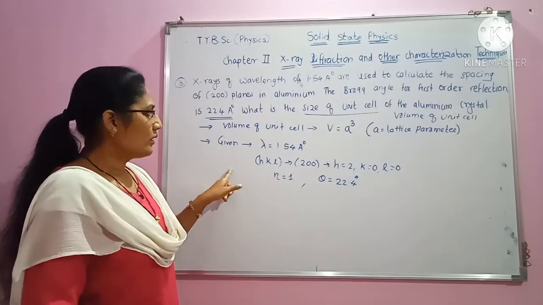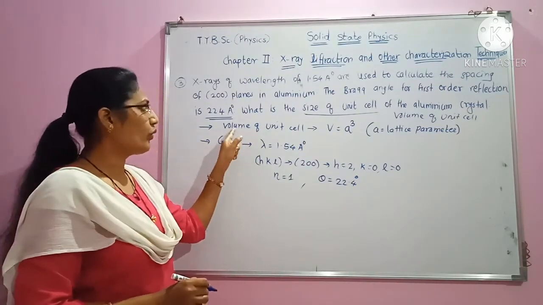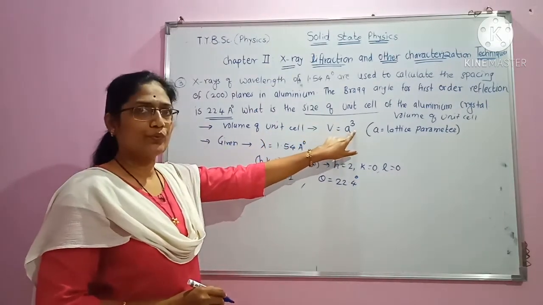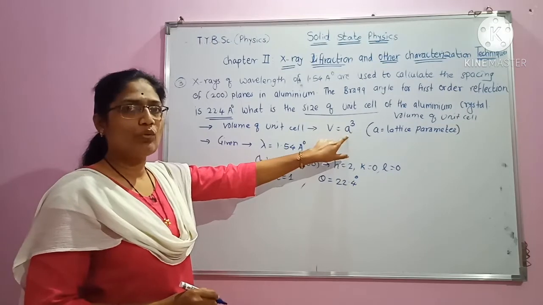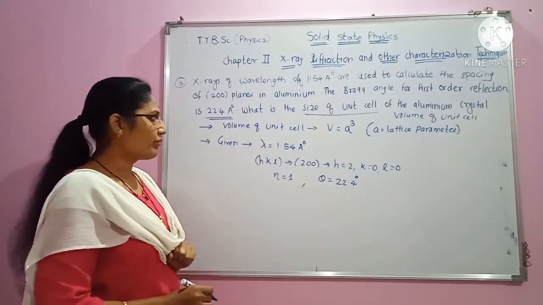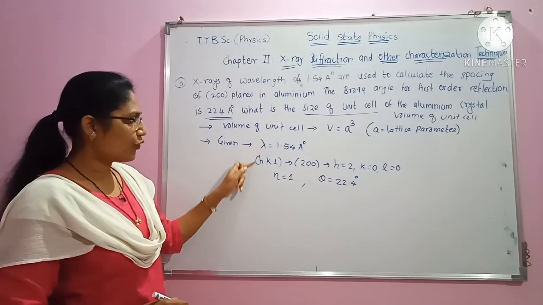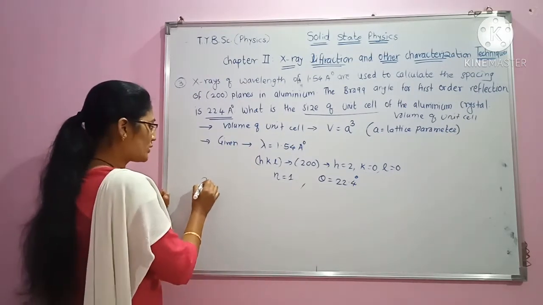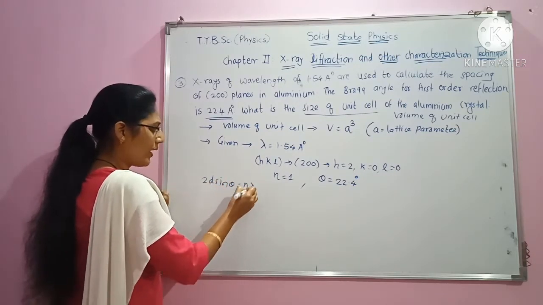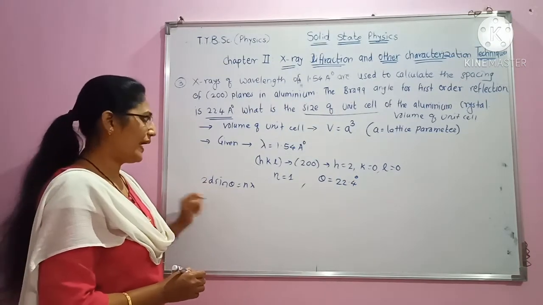Now, we have to find the volume of the unit cell, and V is equal to a cube, so we have to find the value of a. But this information is related to Bragg's law, that is 2d sin theta is equal to n lambda, and here there is no presence of a.